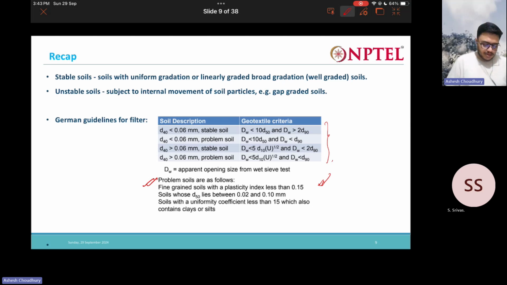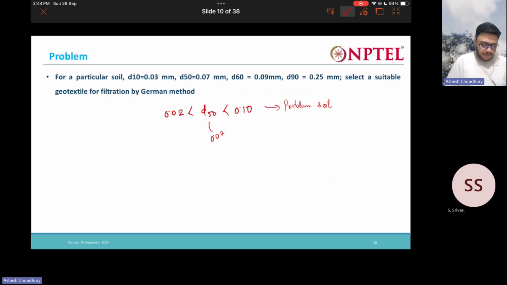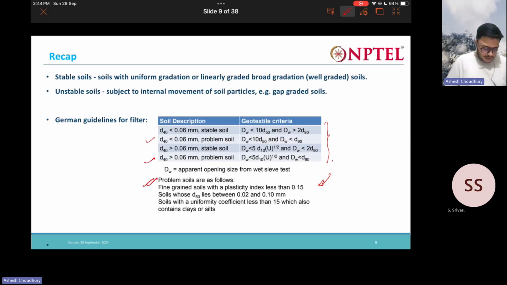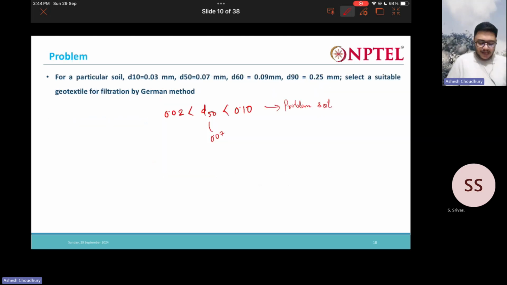Now for problem soil, we have two criteria. This is one criterion and this is the other. Which one should we use? We'll see our D40. D40 is greater than 0.06.